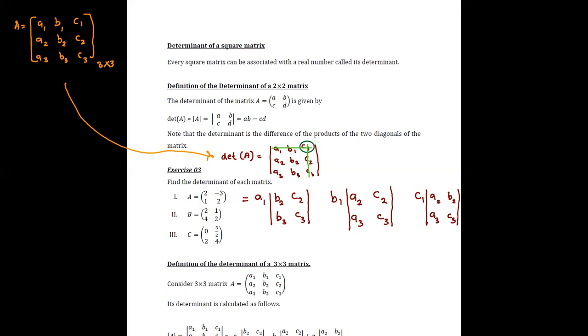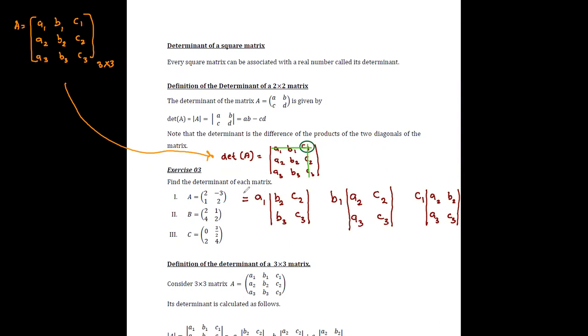Now we have finished all the elements in the first row. Here we are selecting only the first row elements. We are not going to worry about the elements in second row or the third row. Now we have obtained 3 terms and there is some calculation inside this, obtaining the determinant of this 2 by 2 matrix, but we now have to pay attention to how we can connect these terms into our expression. This is the general rule we are using.